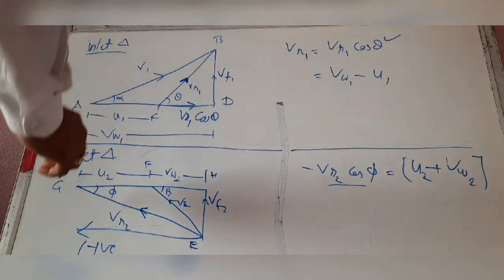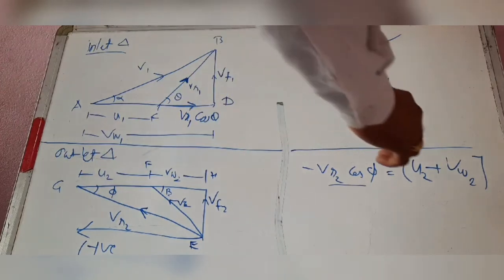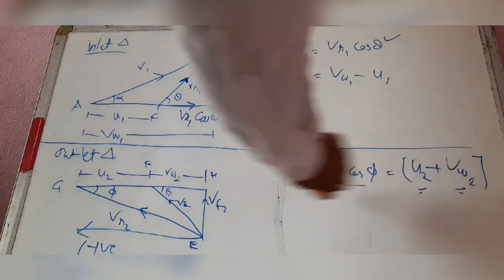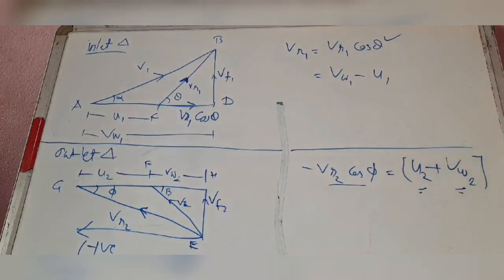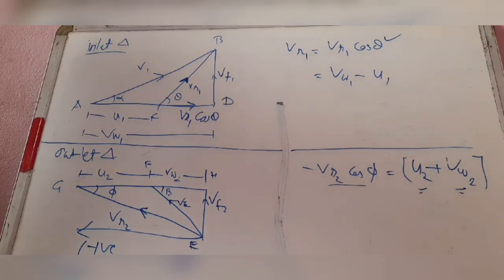So this value is the addition of U2 plus VW2. These values are used while solving this equation, and the inlet triangle and outlet triangle are very important while solving questions. By using all these, we can solve a number of questions.